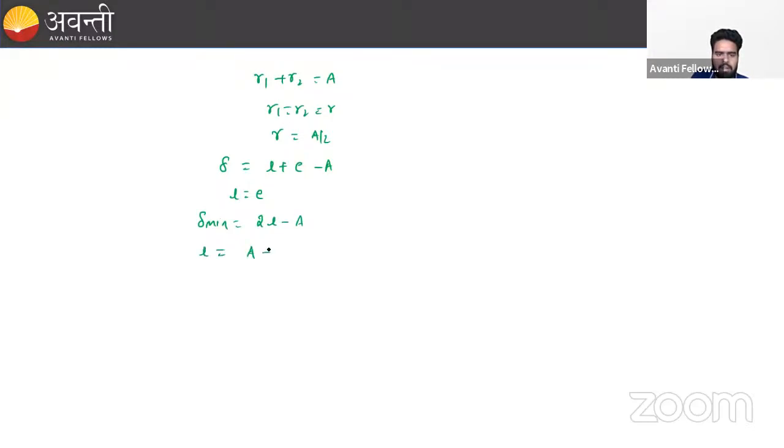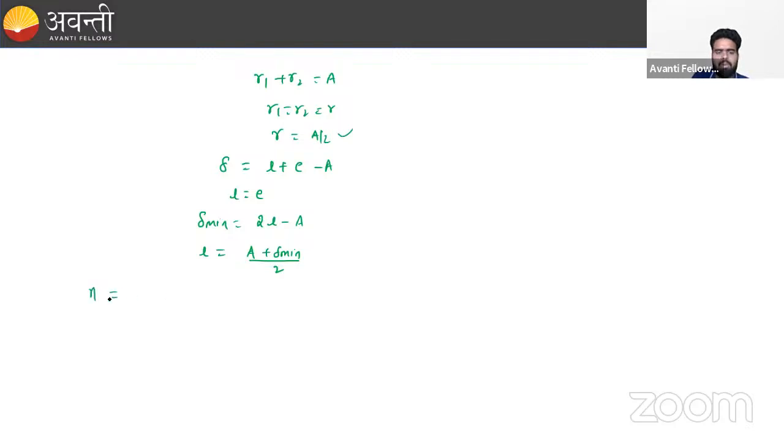If we put this value, we have R1 plus R2 equals A. If R1 equals R2 equals R, then R is A by 2, and the angle of deviation is I plus E minus A. If we apply the condition I equals E, the condition for minimum deviation, then the minimum deviation can be written as I plus I, that is 2I minus A. And if we put the value of I here, I is A plus delta minimum by 2. So here we can get the values of I and R.